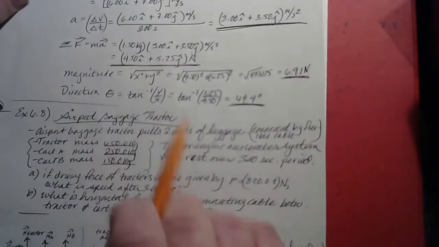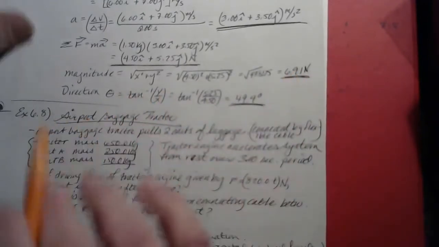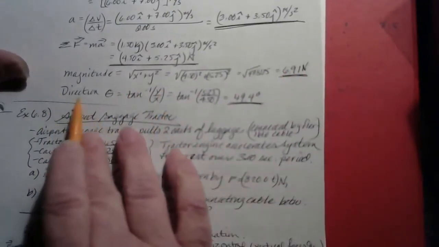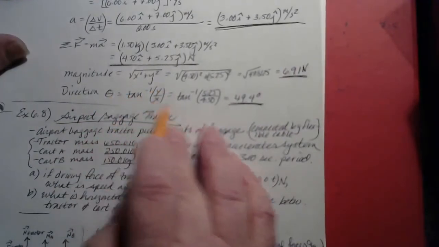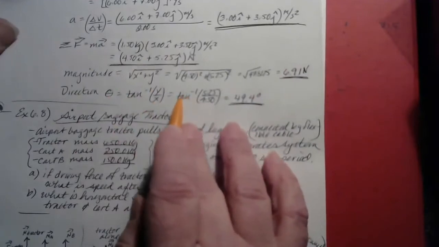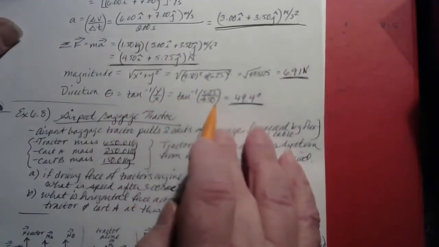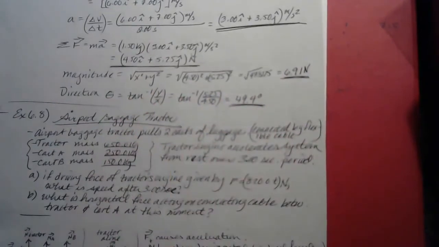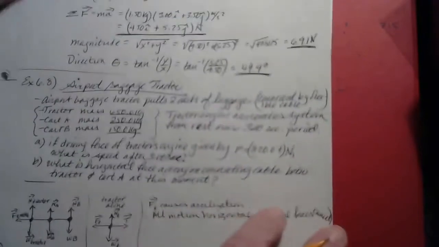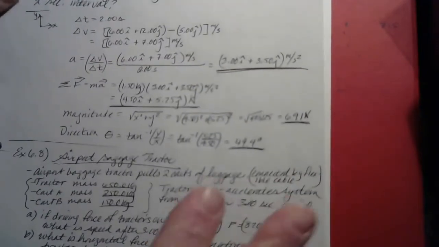And that direction would be inverse tangent of the y term over the x term, so inverse tangent of 5.25 over 4.5, which is 49.4 degrees. Okay, so we found that too. So far, not too bad.